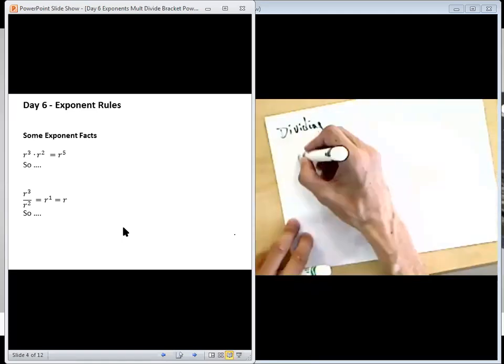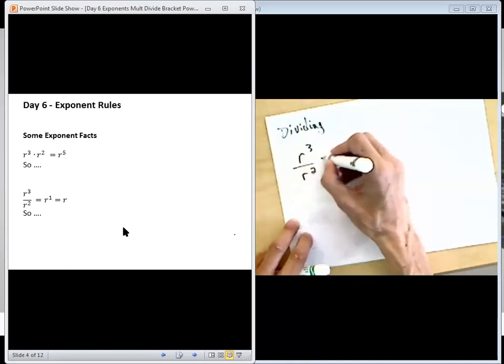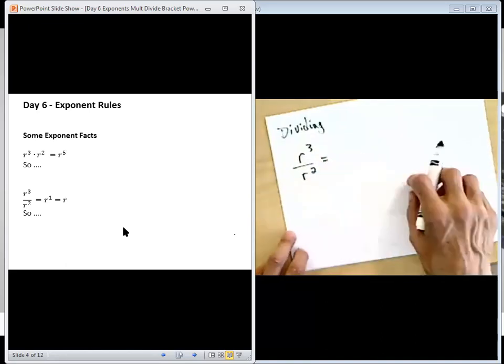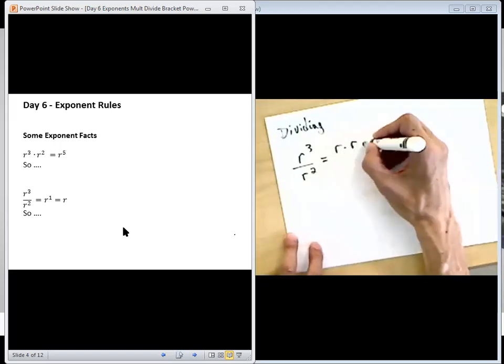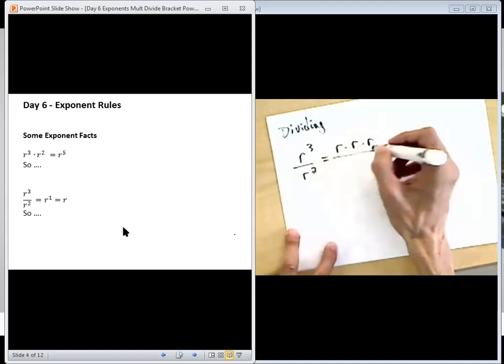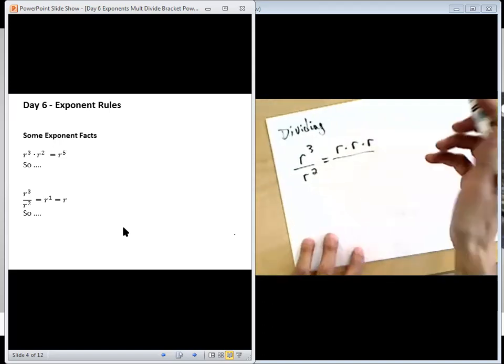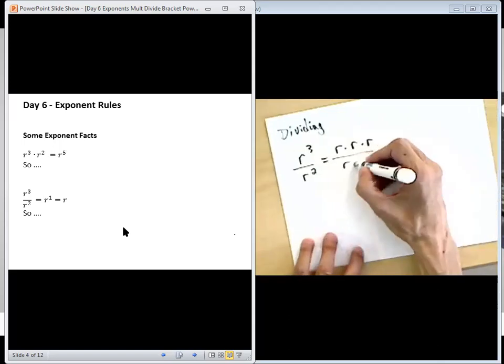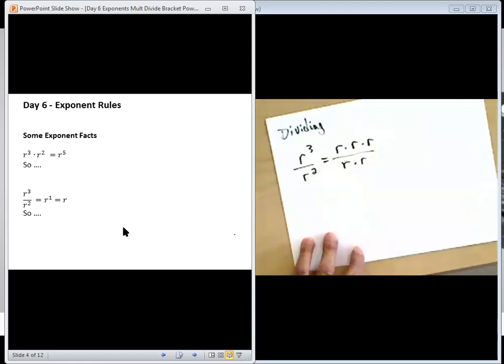We got R to the 3 divided by R to the 2, R cubed divided by R squared. The long version is this for teaching effect. And this is a sneaky strategy you can always do. You can always just expand problems out, right? Take a look at them. Beautiful. So what can happen now?